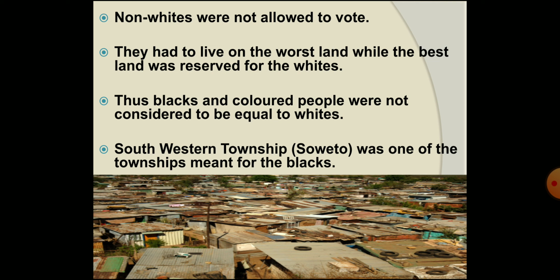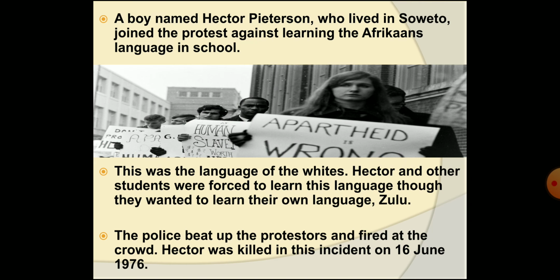As you can see here in the picture, a boy named Hector Pieterson lived in that township, that is Soweto. He, along with his classmates, had joined a protest against learning the Afrikaans language in school.